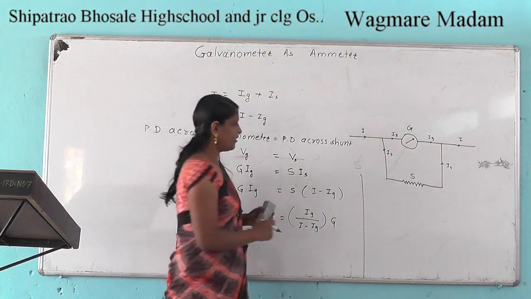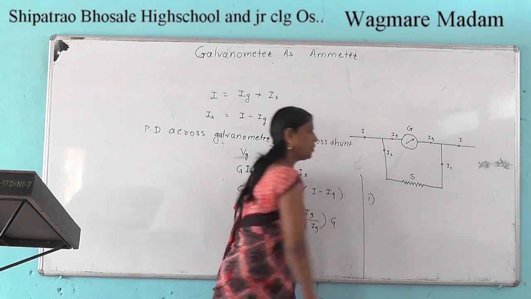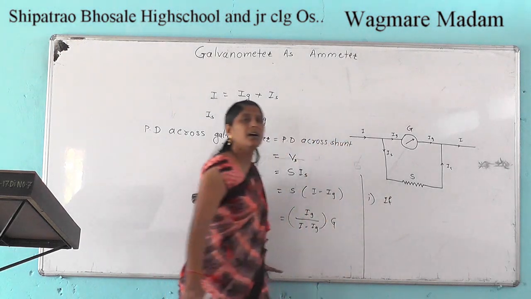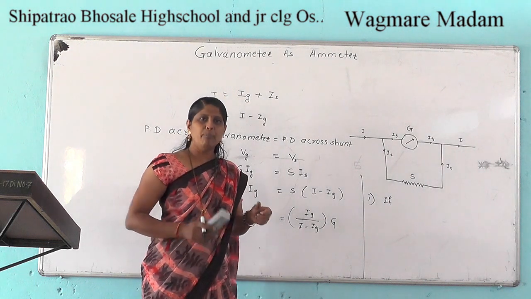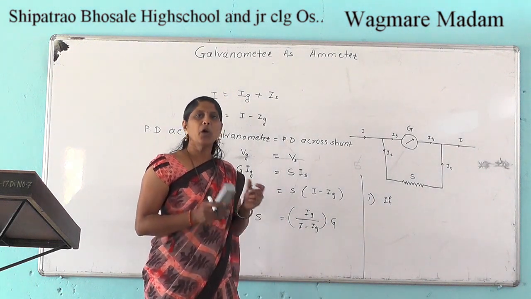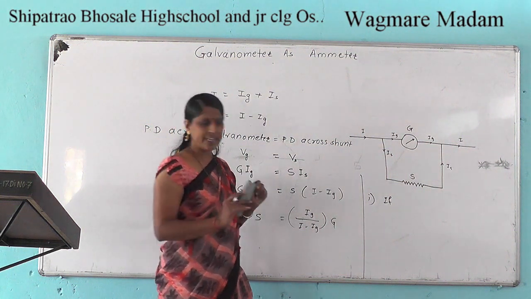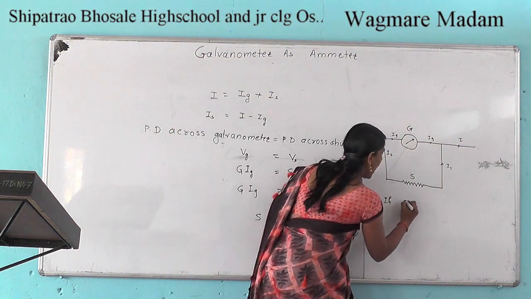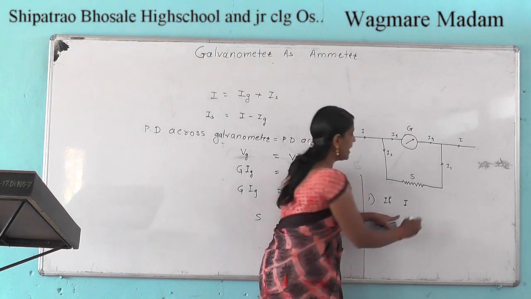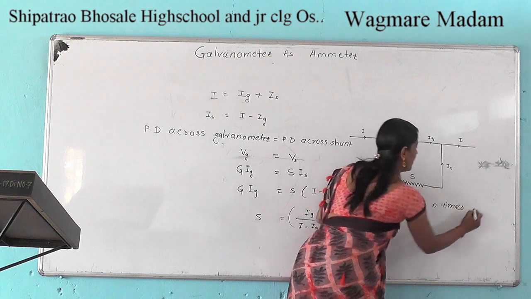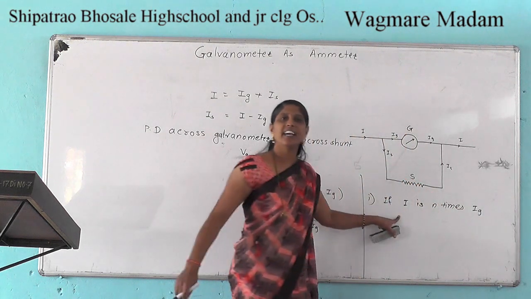Now if I is the current passing in the circuit, which is N times the current passing in the galvanometer. What I say? I is N times Ig.